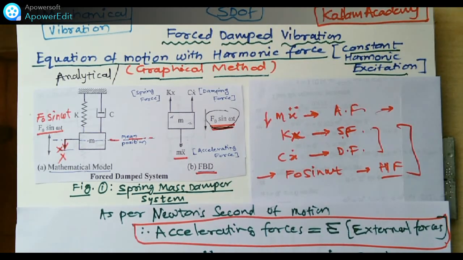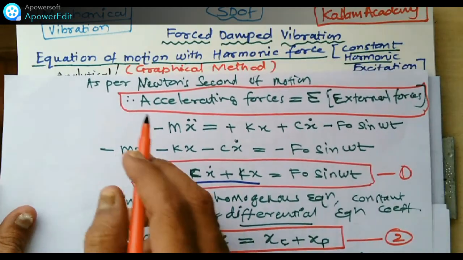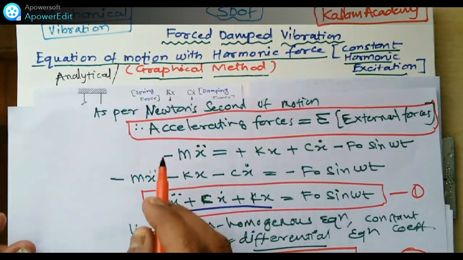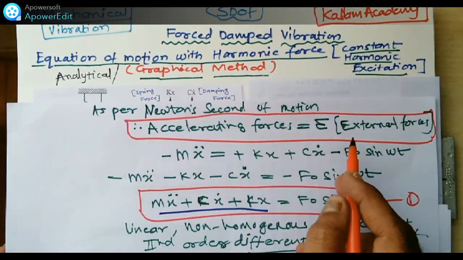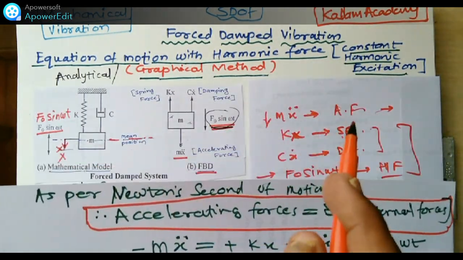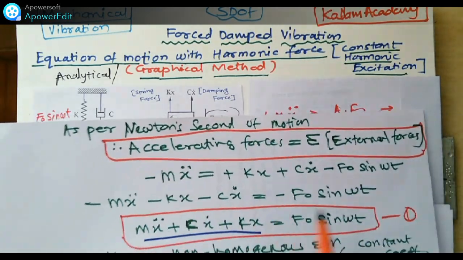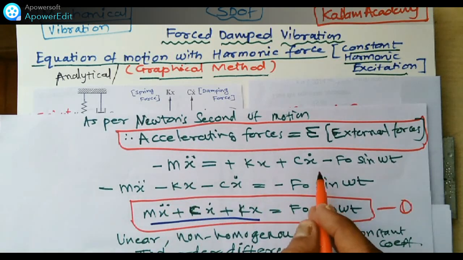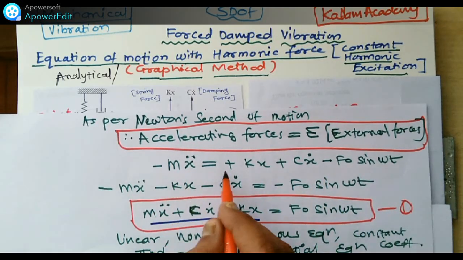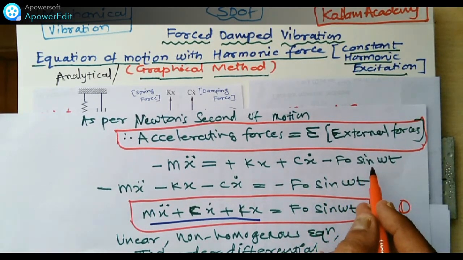we have already derived in the last video the equation of motion with harmonic force. By using Newton's second law of motion, which states that the accelerating forces are equal to the external forces, the accelerating force is written here with the sign convention: minus mx double dot plus kx plus cx dot minus Fo sin omega t.